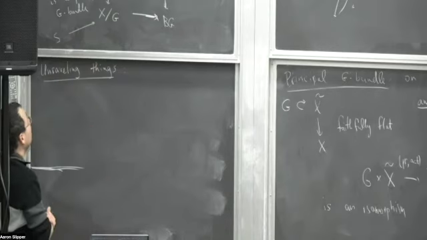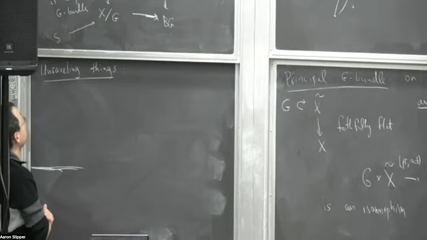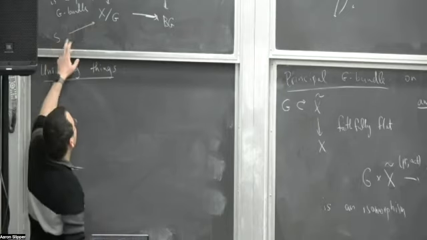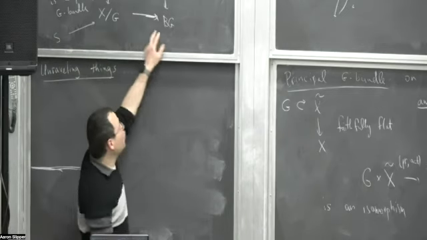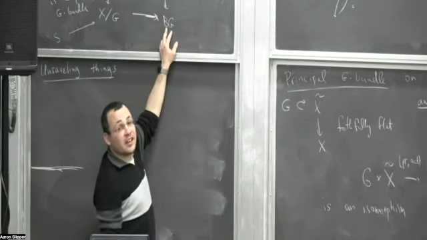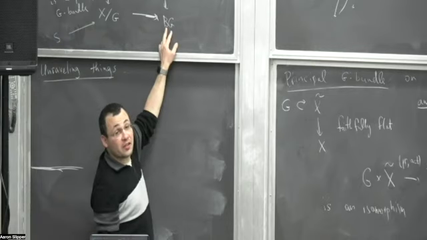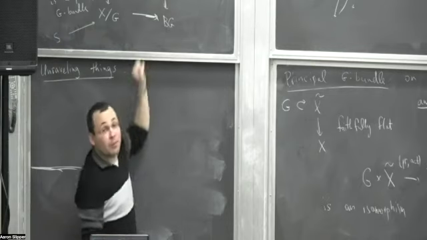Suppose I want to describe a map from a test scheme to X mod G. Well, first of all, I can compose it, I can map it to BG. I know what the answer for BG is. That's the pullback of a point.